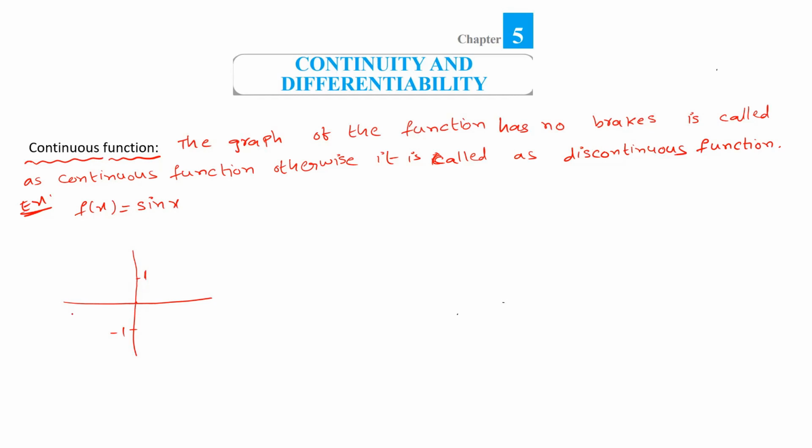We know how the graph looks, like this, and so on, it goes on continuously. In this graph there are no breaks, so it is going continuously. Therefore, sin x is a continuous function.